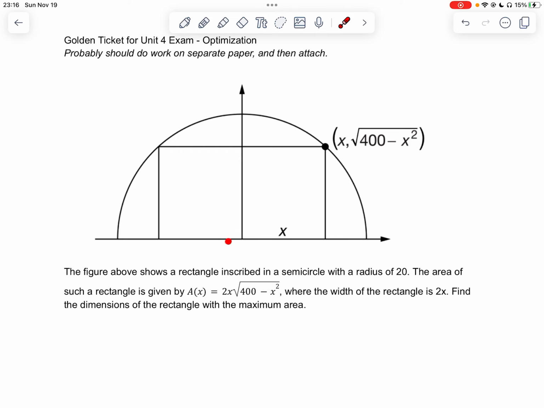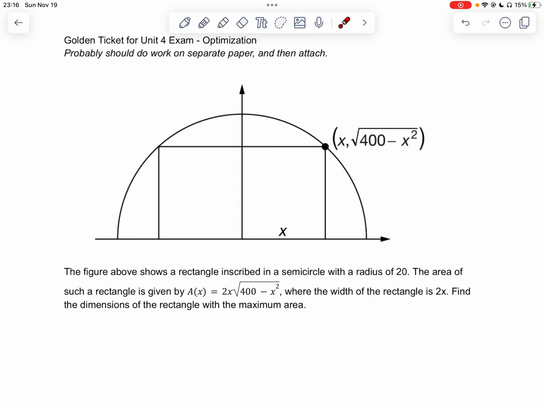And that means for symmetry that this side was x also, so the total together was 2x. That's where they got that 2x from. And then the root 400 minus x squared, well, the equation of a circle is x squared plus y squared equals 400. And they solved that for y for you and got that the y value for any point on the circle, the y value here or there, is always going to be root 400 minus x squared.